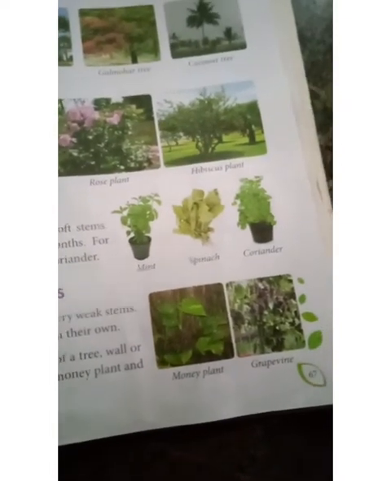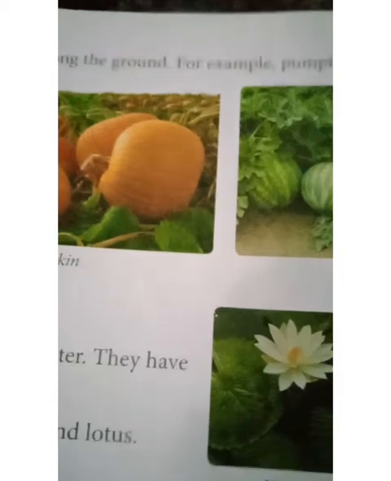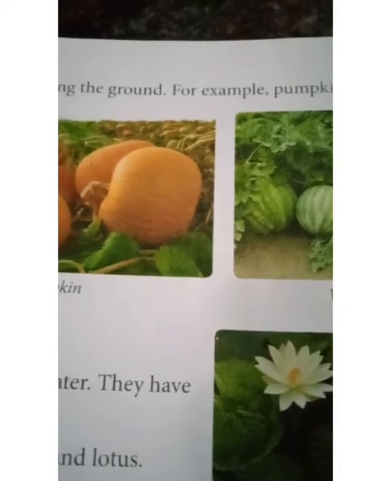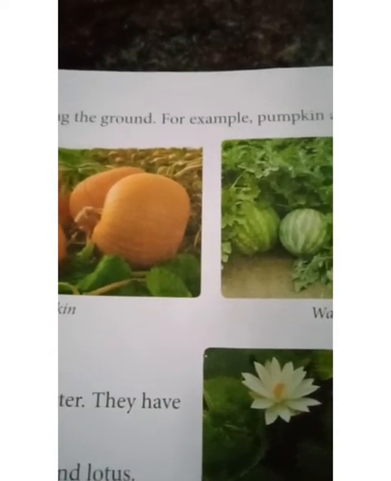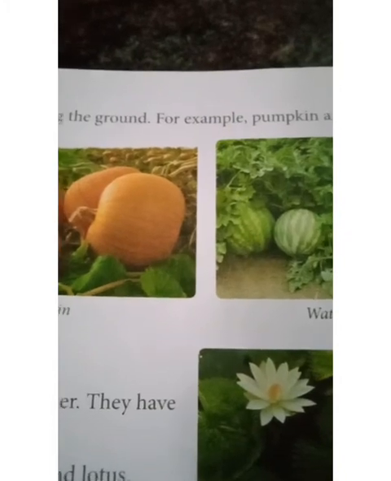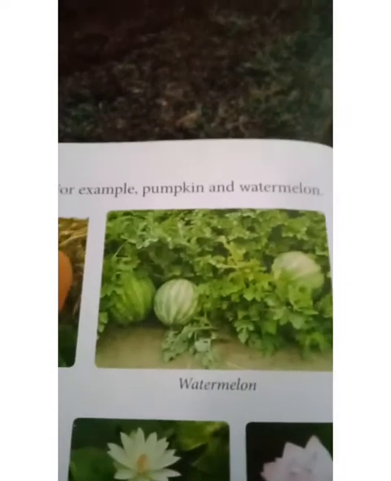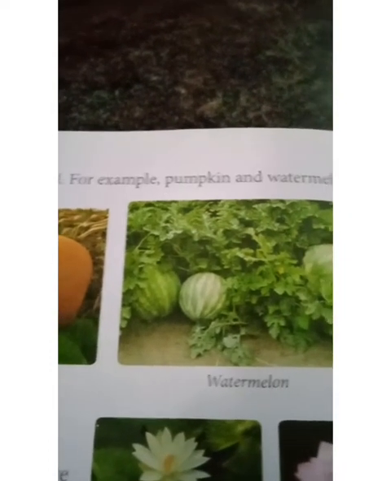The plants that grow along the ground are called creepers. For example, pumpkin and watermelon.